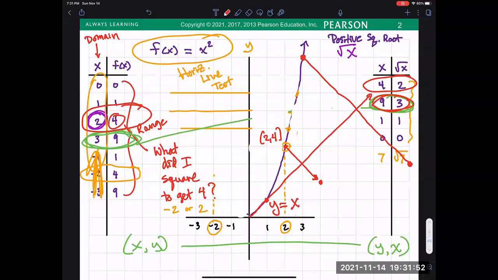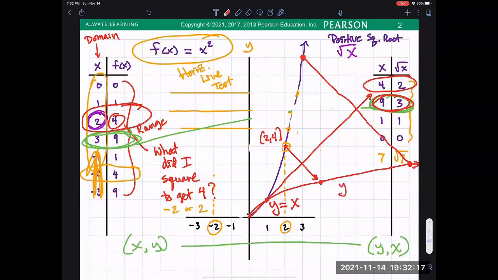So if I take every point on the right part of this x squared function and I flip them over that diagonal line, I get all the points on the inverse function, so that the entire right arm of the parabola, if I flip that over the line, or reflect that over the line y equals x, I get the inverse function.